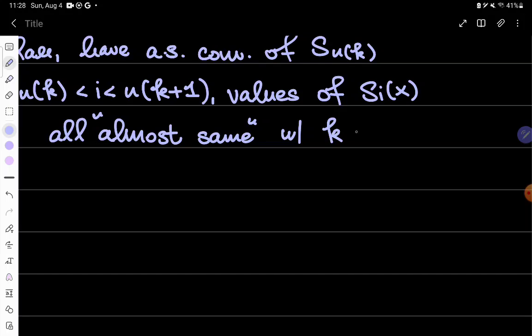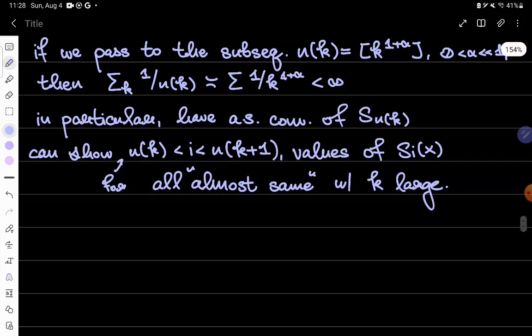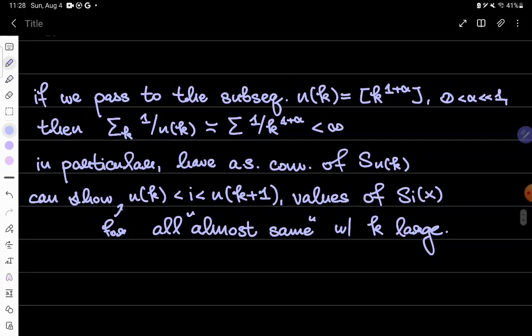So once you're far enough along in the subsequence, k is large. Which means that convergence along the subsequence, as soon as you have the stability that's given by the fact that these S_i are all almost the same when k is large, implies convergence of the whole sequence. That is to say, pointwise almost everywhere, which is indeed the strong law of large numbers.